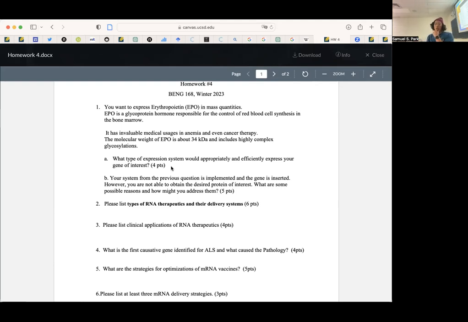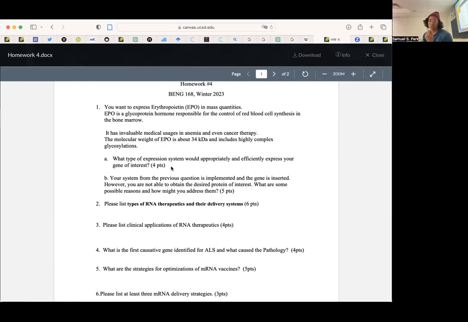The main takeaway from this class, in terms of glycosylation and expression systems, is that there is a hierarchy of post-translational modifications, depending on the complexity of the cell. Since bacteria is the simplest form, the amount of glycosylation or post-translational modification is the lowest.